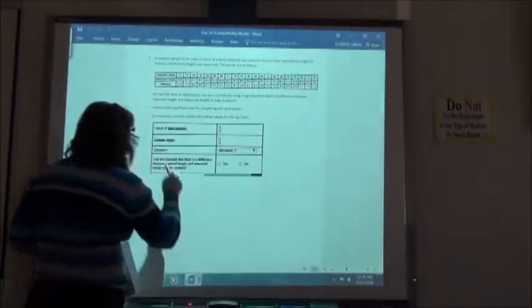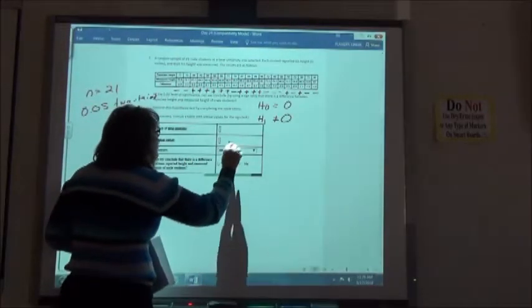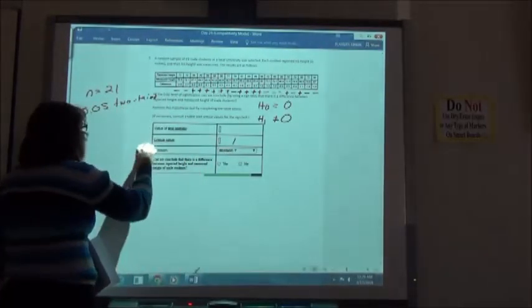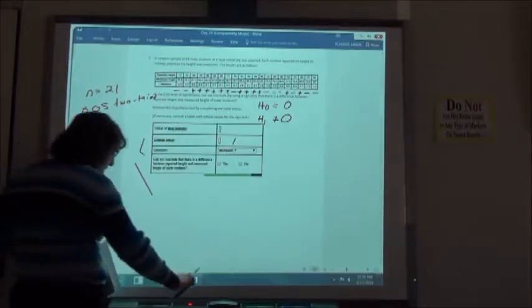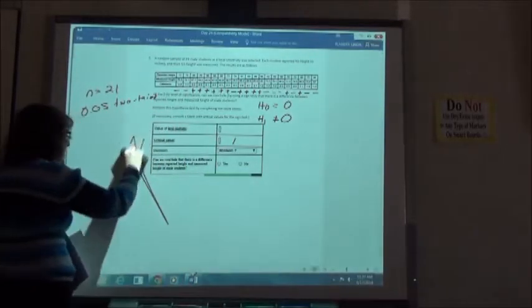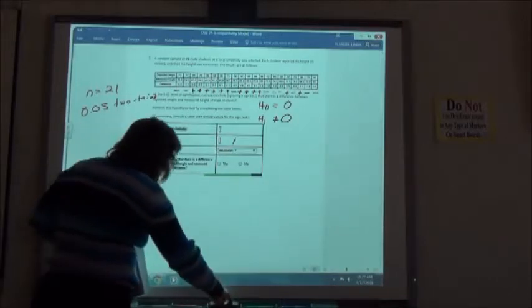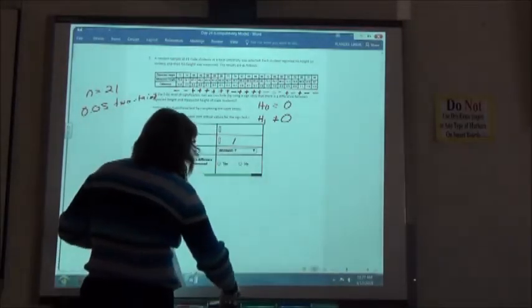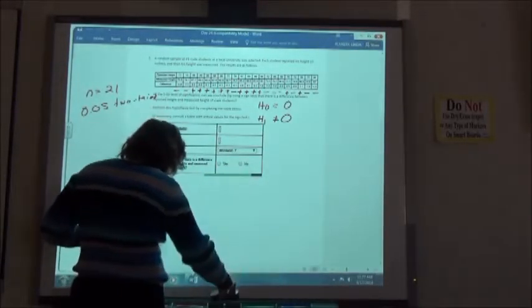So back here, my critical value, I put my stuff back. All right. Now it's not going to let me write. Maybe it's going to let me write. I'm getting there. All right. My critical value is going to be 5. We figured that out.